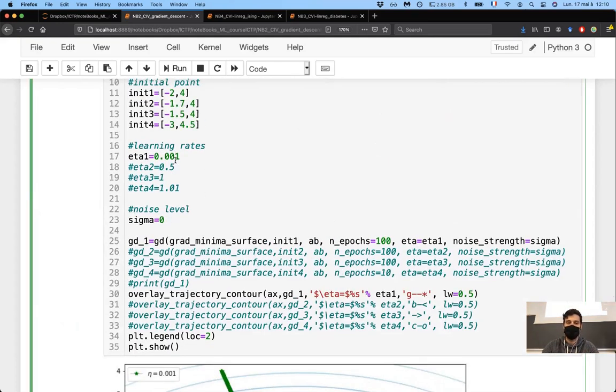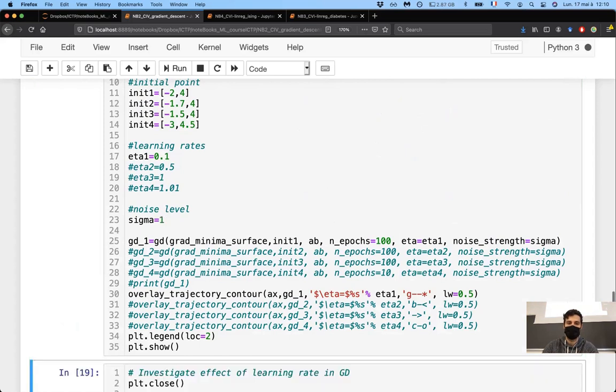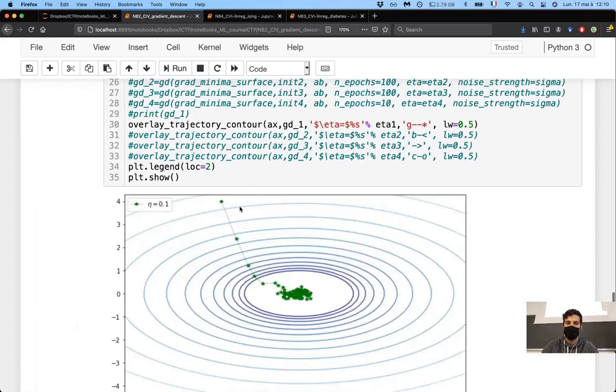Let's put a bit of noise. Variance 1. You see that in the first steps, where the gradient has a strong amplitude, the noise does not affect much the trajectory, but when you are close to the minimum, the gradient has a small amplitude, so the value that we compute there will be dominated by the noise.